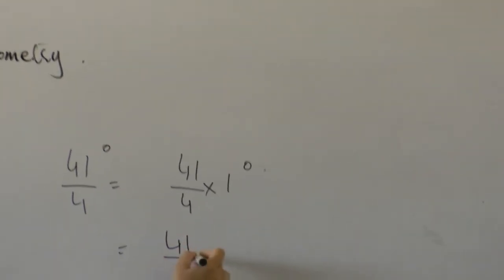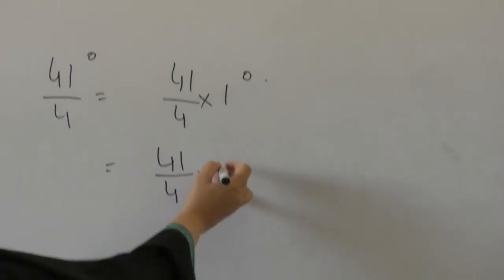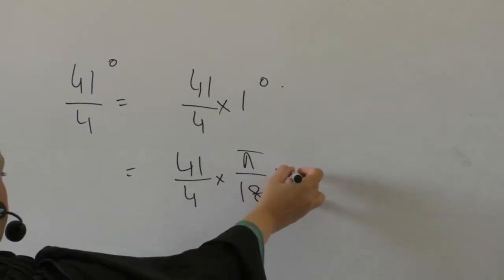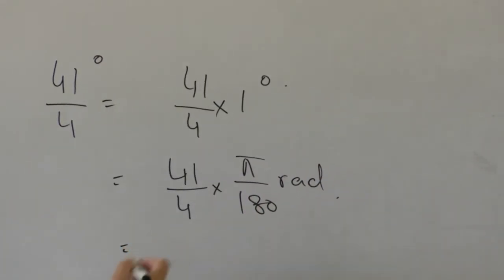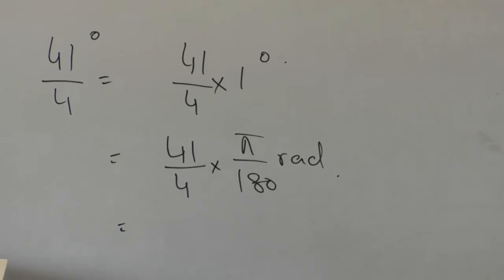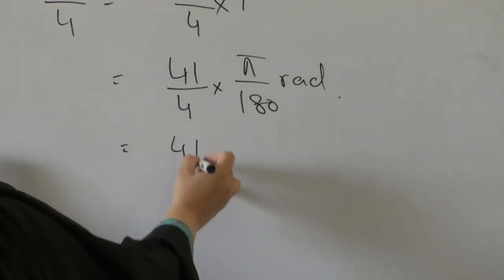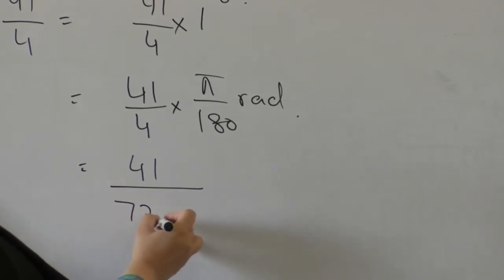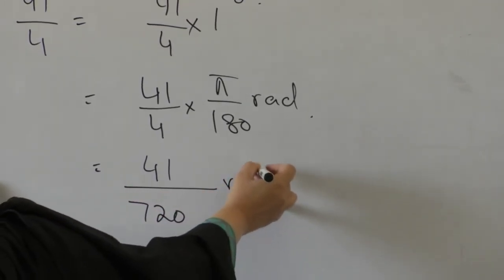We know that 1 degree is equal to pi by 180 radian. Simplify. When we simplify, it becomes 41 by 4 multiplied by 180 is equal to 720 radian. That's all.